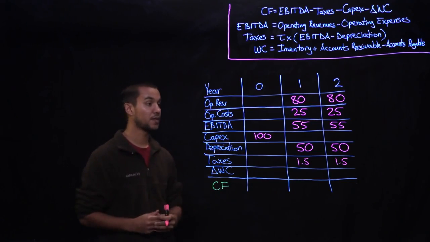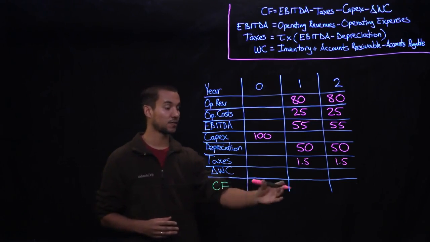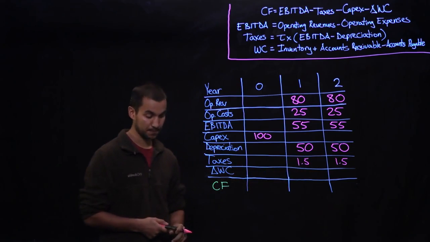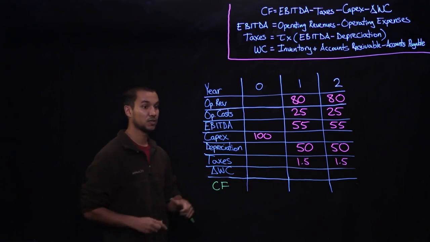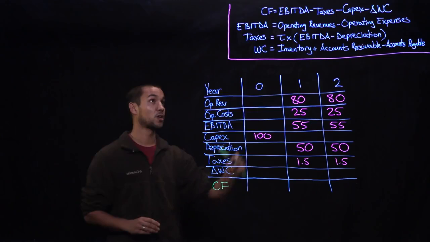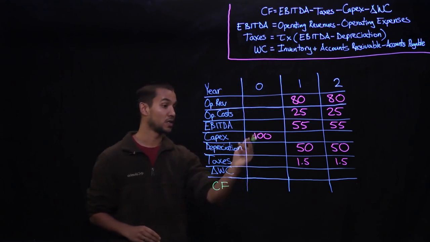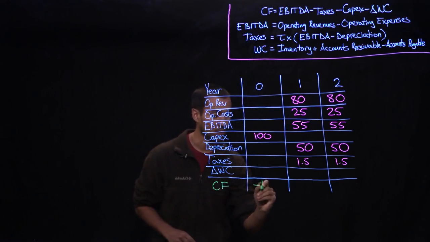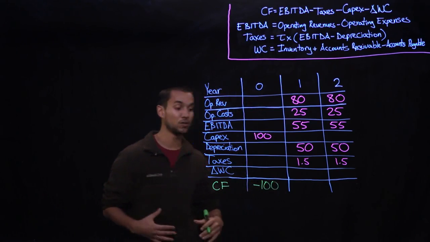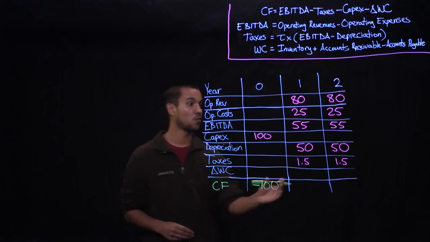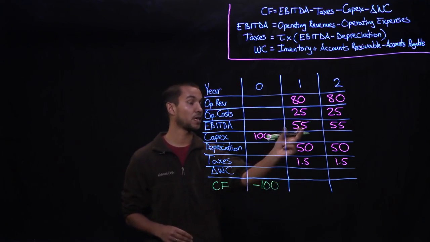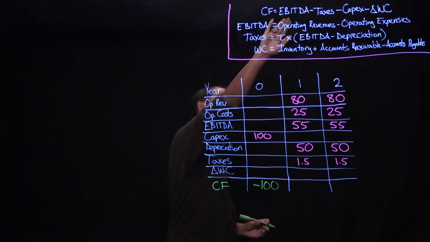So now we have everything we need to calculate the cash flows for each year. And so the cash flow in year 0, we're going to use this equation up here, is going to be minus $100 million due to this capital expenditure. And then in year 1, we have an operating income of $55 million.